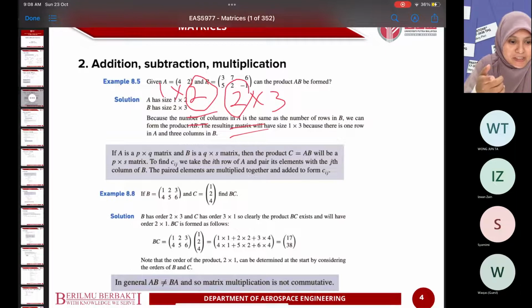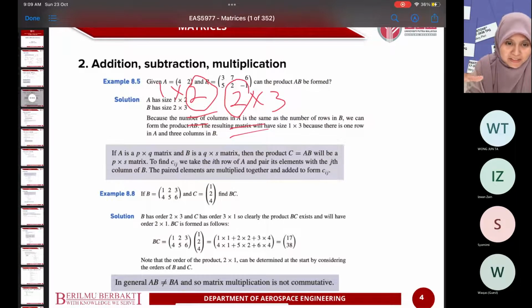For example, example 8.8: B is 1, 2, 3, 4, 5, 6 and C is 1, 2, 4. B has order 2 times 3 and C has order 3 times 1. So there are 3 columns for matrix B and 3 rows for matrix C, so the product exists.